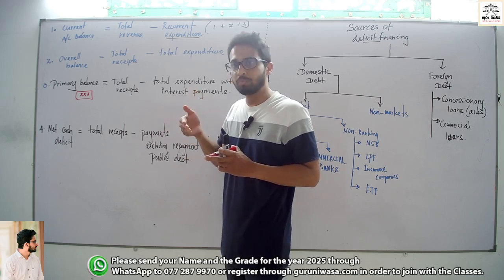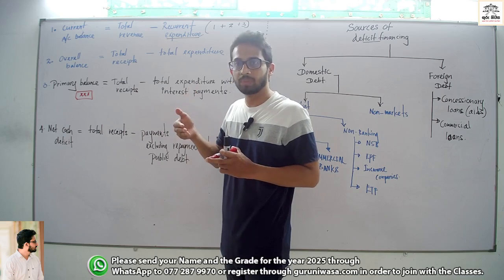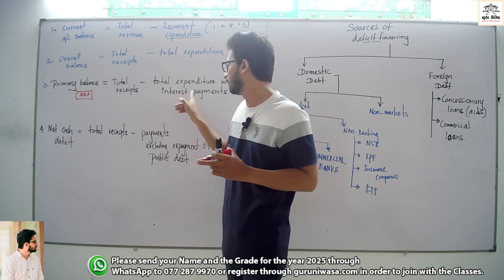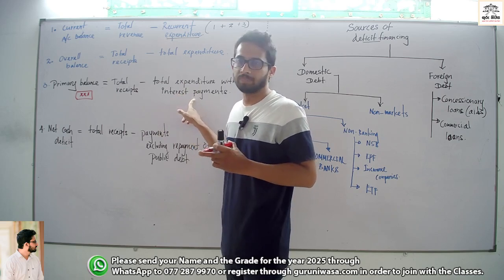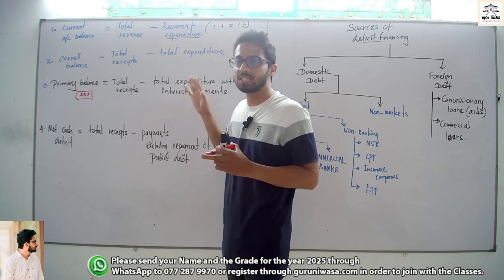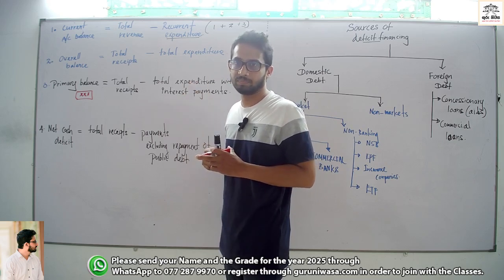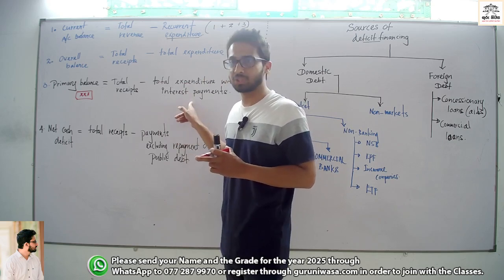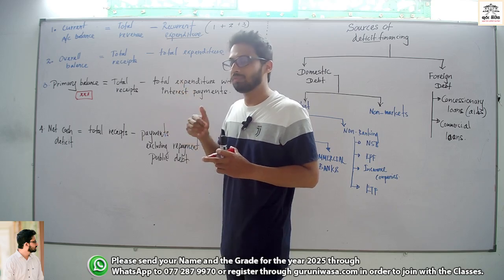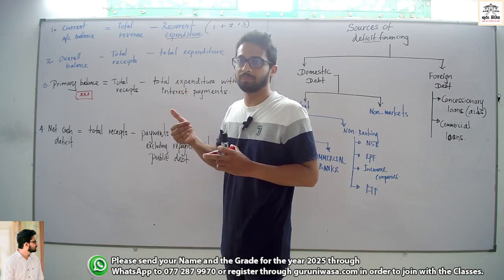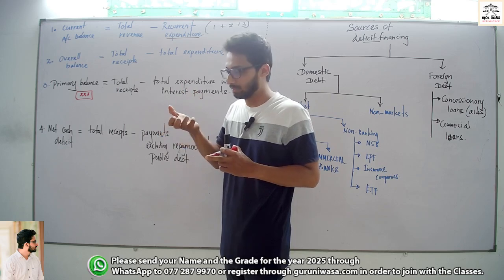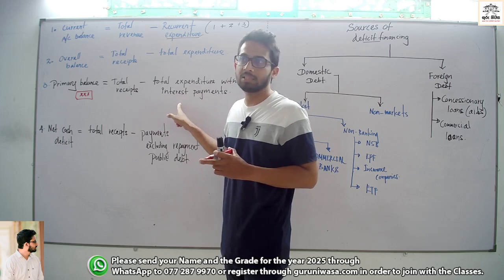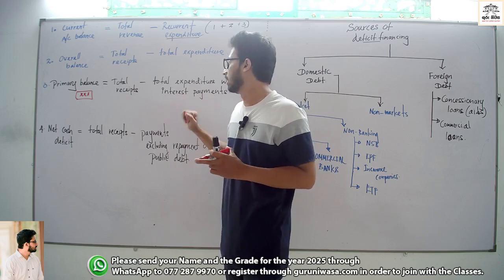If you want to measure the actual performance of the present government, we have to ignore this interest part. It doesn't mean the government does not have to pay the interest. No, they have to pay. But to evaluate the actual performance of the present government, primary account balance is a good method.